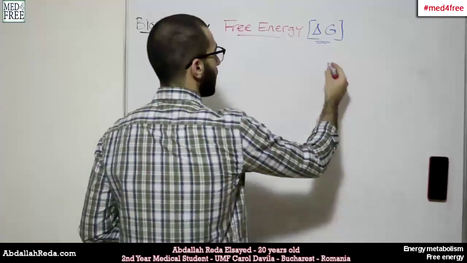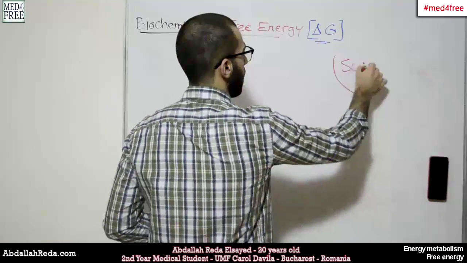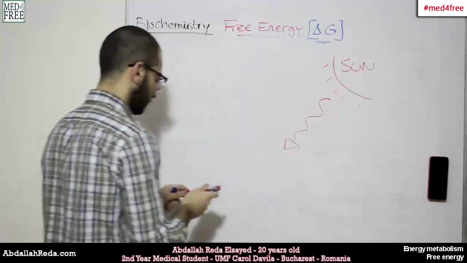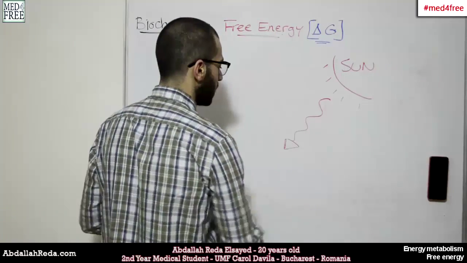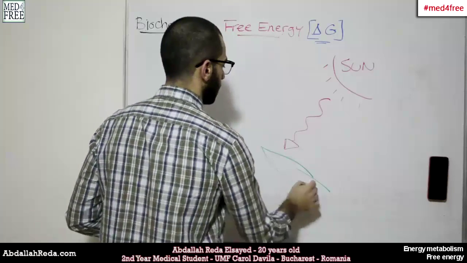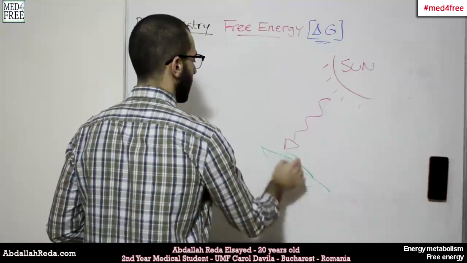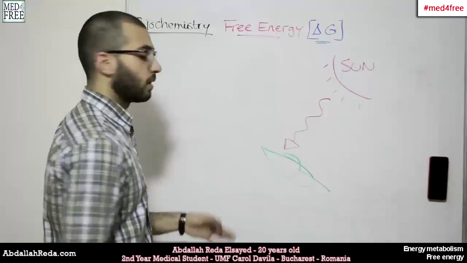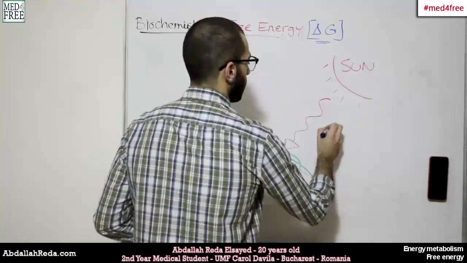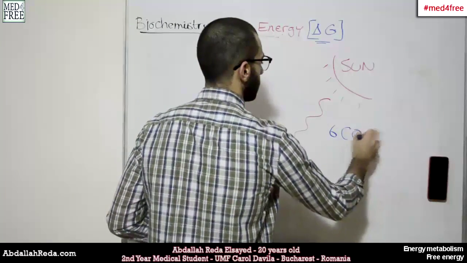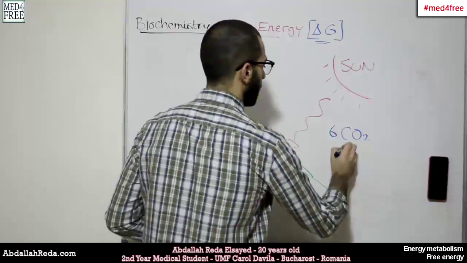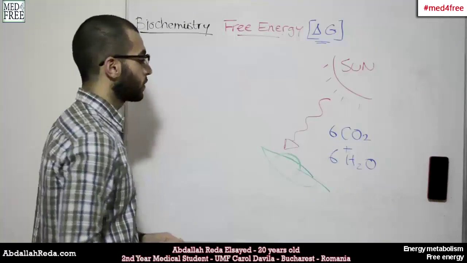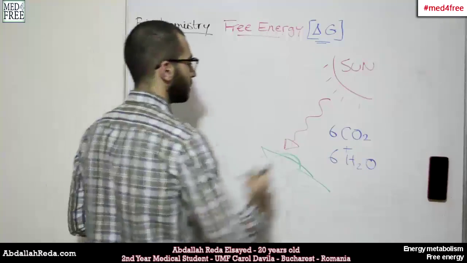So we have the sun, and the sun sends light waves, and then we have green leaves, and inside the green leaves a reaction happens, and the inputs of the reaction are 6 carbon dioxide molecules and 6 water molecules, plus that energy.